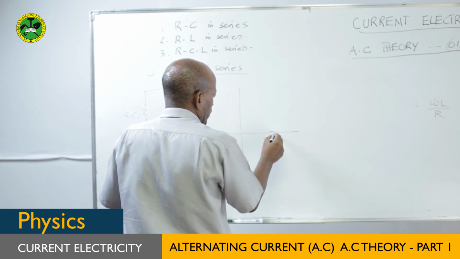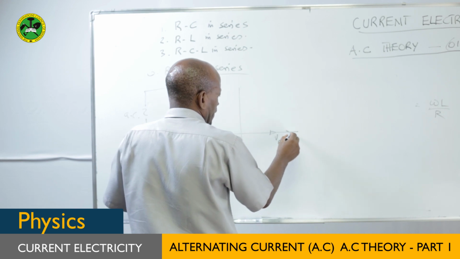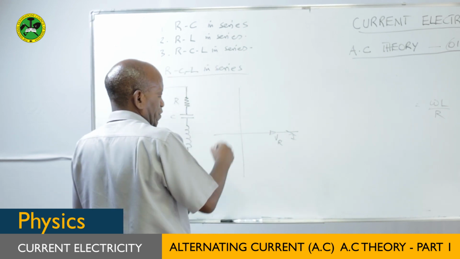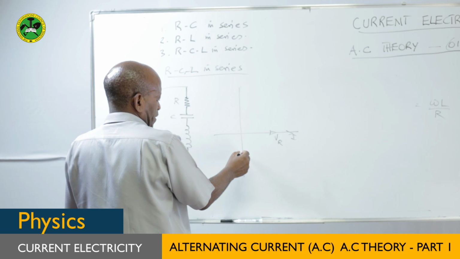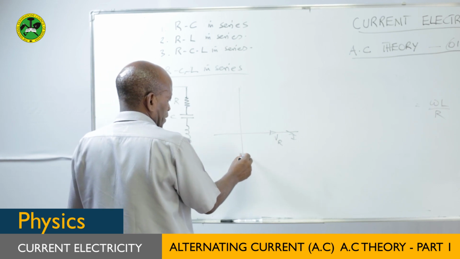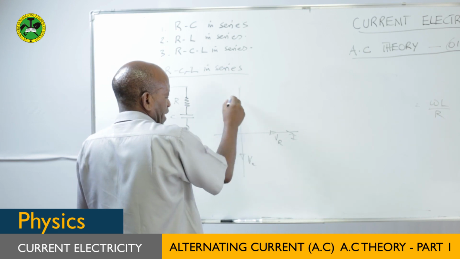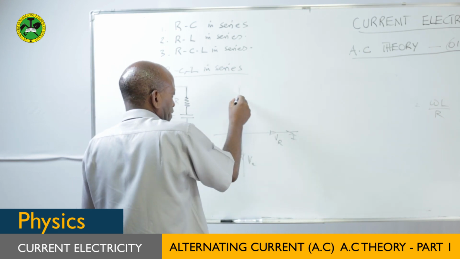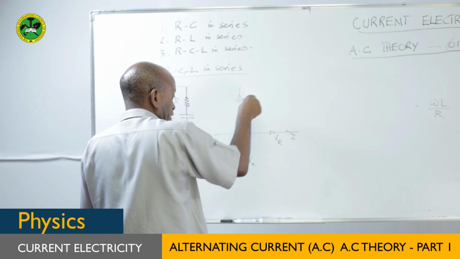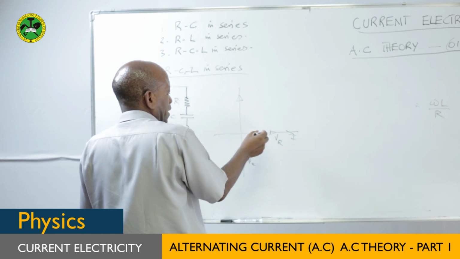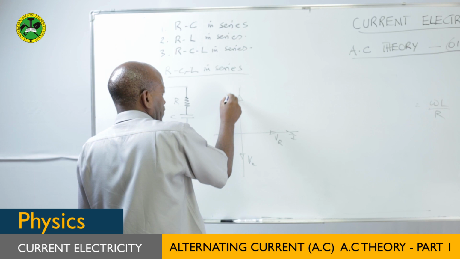The voltage through a resistor and the current are just in phase, but the voltage through a capacitor is in this particular direction, lagging the voltage through the resistor. The voltage through an inductor leads the voltage through a resistor by 90 degrees. So this will be the voltage through an inductor.